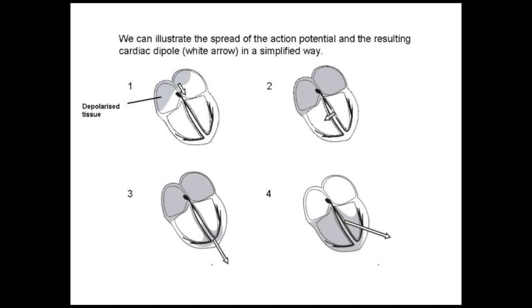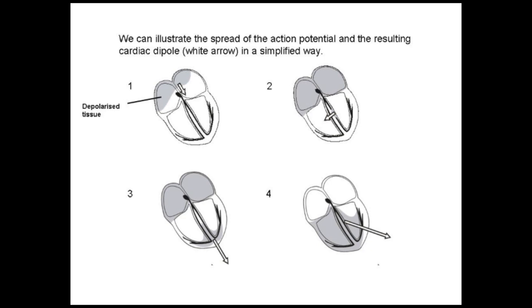In the septum, the depolarization wave spreads from left to the right of the patient. Then it spreads to the apex, and then the right ventricle depolarizes. The whole right ventricle gets depolarized, but at that instant, the left ventricle still continues to depolarize.